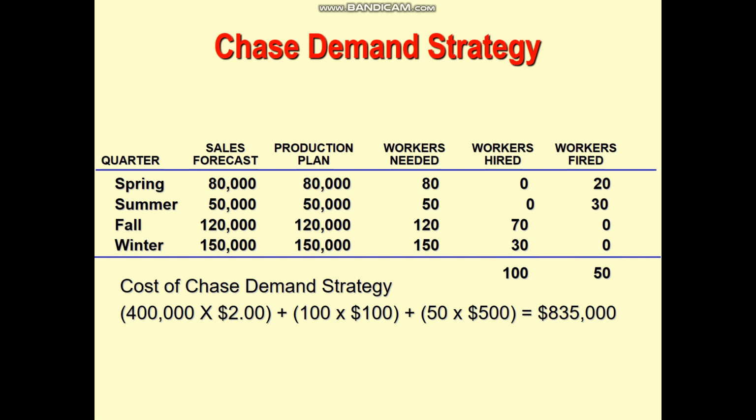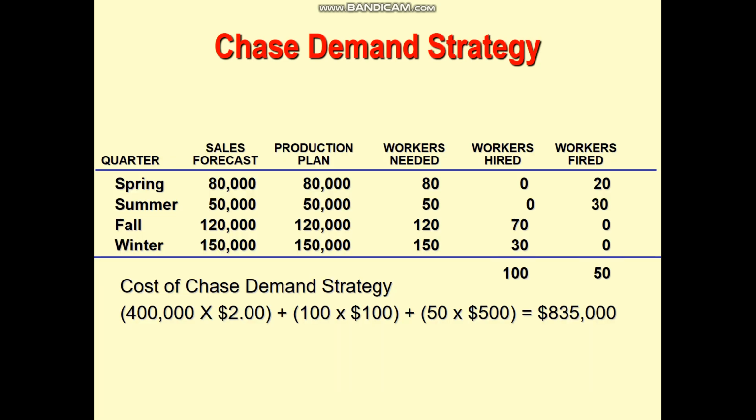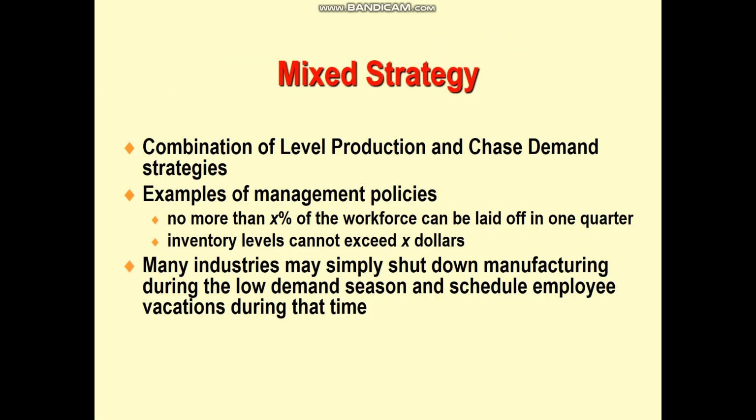So we just went through the level production and the chase demand strategy. Let me repeat again: depending on the situation and strategy of your company, you will decide whether to follow the level production strategy or the chase demand strategy.